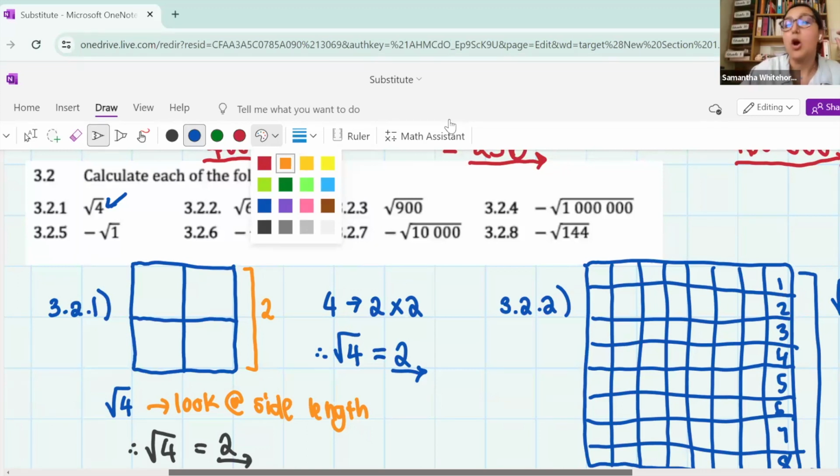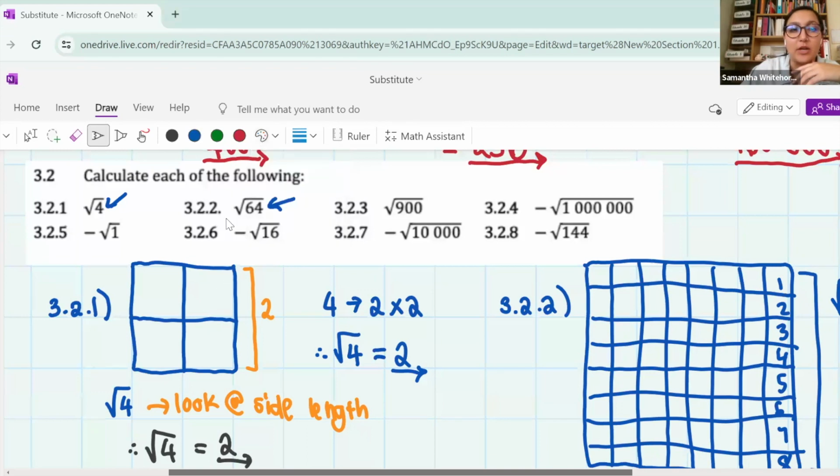Yes, ma'am. Okay, cool. So, guys, in terms of why did I draw the square the way I drew the square, the square has to essentially have an area of 4. So, when I say an area of 4, it should be made up of 4 blocks. Now, because it's a square, each side has to be the same length.